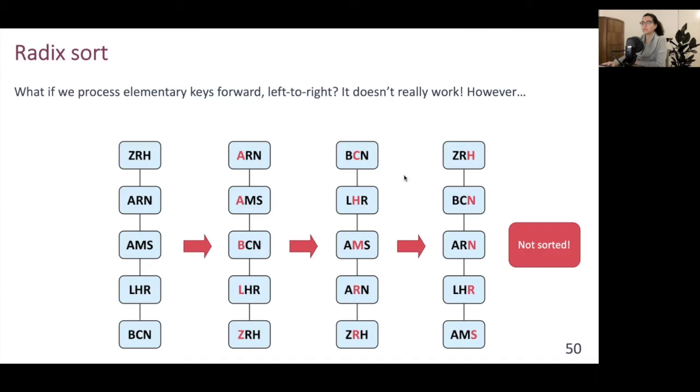And here you can see that it doesn't really work because as you move from the most significant to the least significant digit, you can destroy the ordering that was established based on the previous key. And so at the end, you will not have a sequence sorted in lexicographic order. Can you think of a way to fix this and make this algorithm process the elementary keys left to right and deliver the sorted keys at the end?